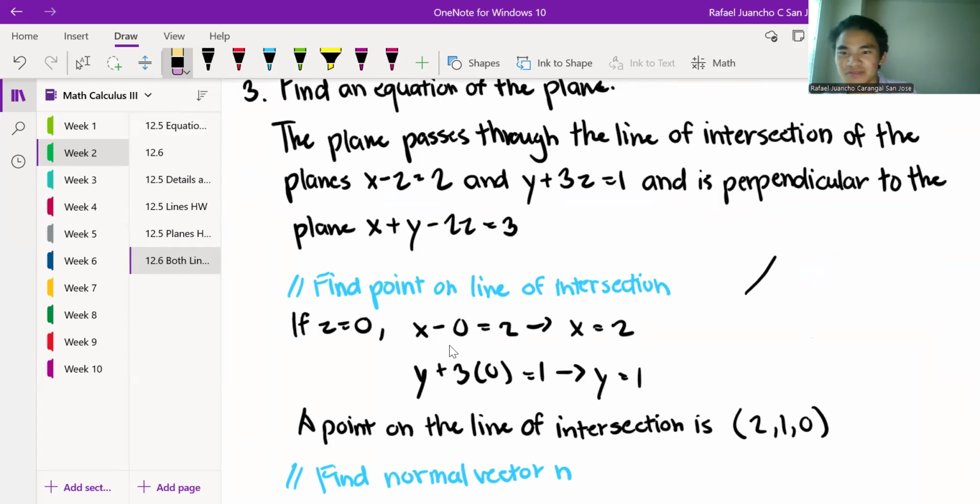How can we now find the normal vector? It's perpendicular to the plane. If it's perpendicular to the other plane, this other plane has this normal vector, which is parallel to the plane we have now.